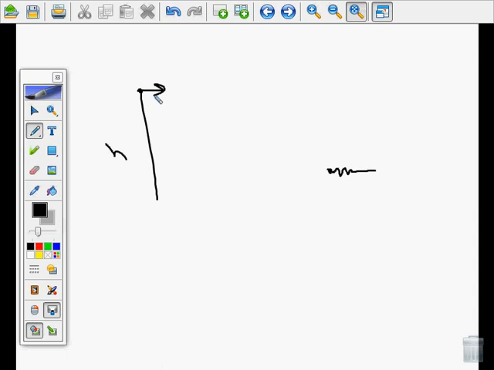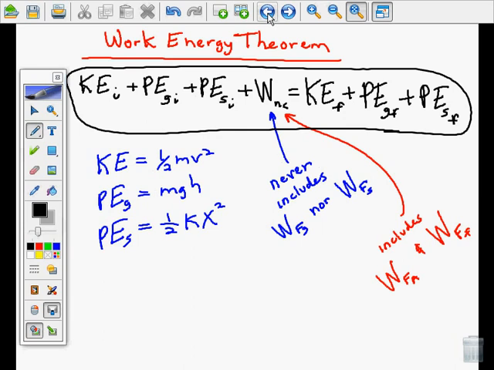When you see a problem that has something moving from one place to another, and it has potential energy or kinetic energy or spring energy at one place, that shouts out, go back and apply this big formula.